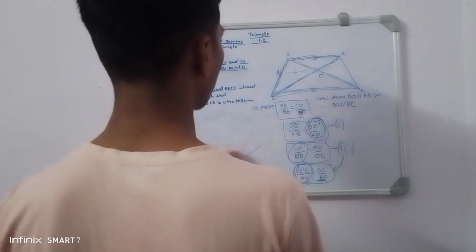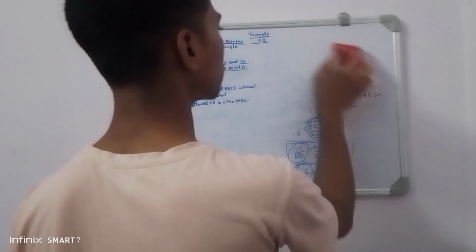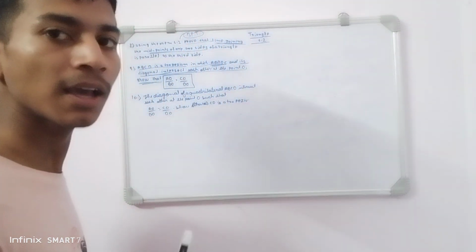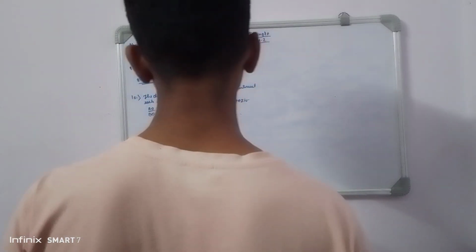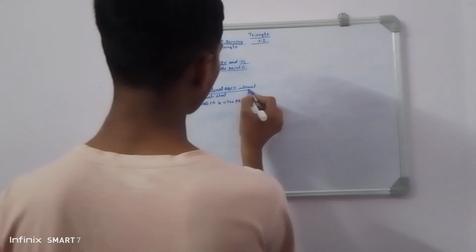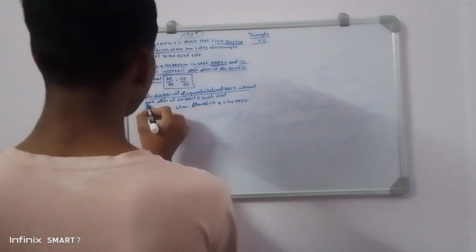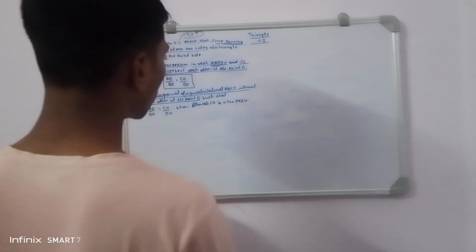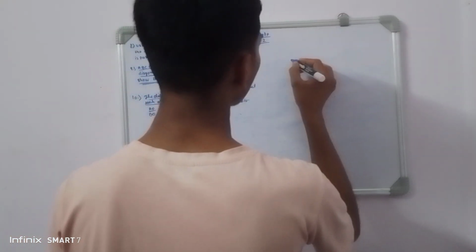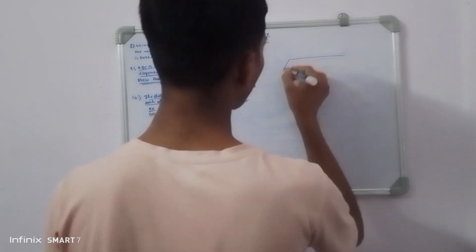Now solving another question, which is our last question of this exercise 6.2 of the chapter Triangles, and then after that I will start 6.3. The diagonals of a quadrilateral ABCD intersect each other at a point O such that AO by BO equals CO by DO. It is given, show that ABCD is a trapezium.